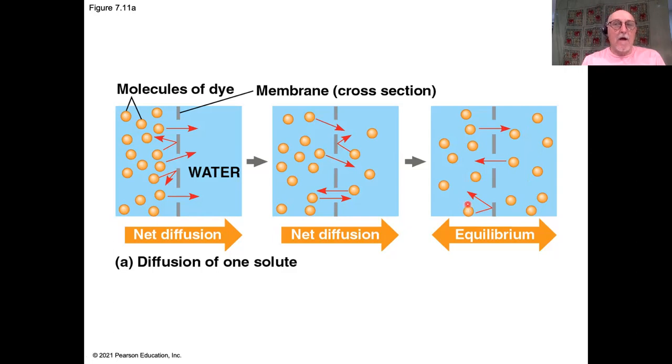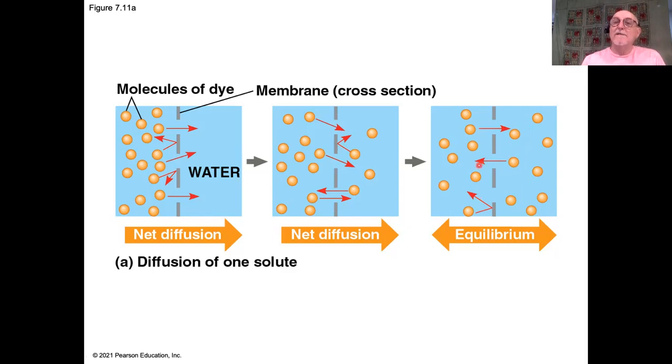That is now a situation where the molecules don't stop moving. They don't stop being diffused. They don't stop being knocked around by one another and driven in different directions. But when they reach a situation where there are as many here as there are here, if one more moves this side, then one other one will move that side.